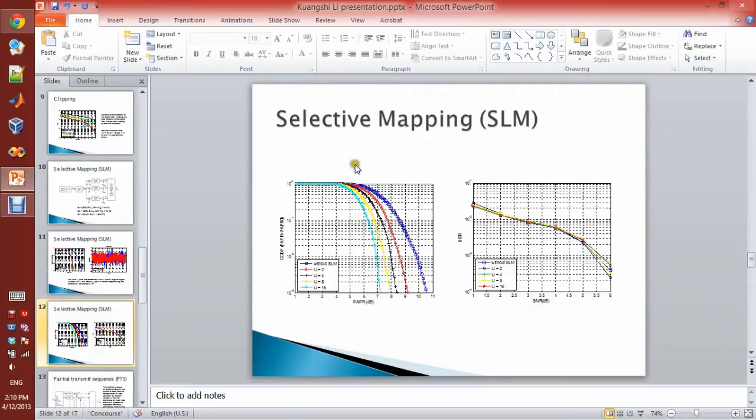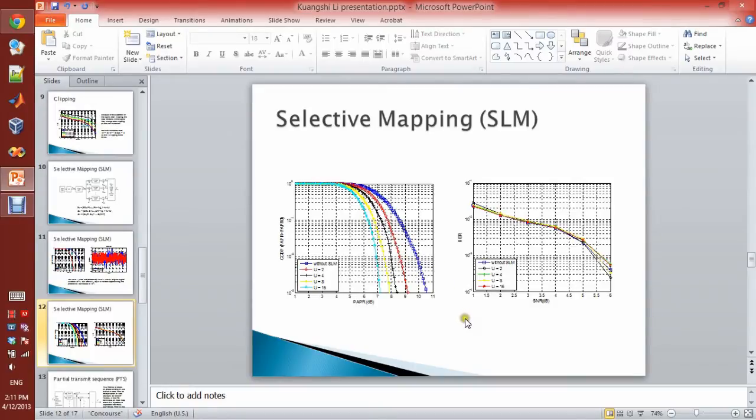And then I do some comparisons with different SLM vectors. I can see that the more vectors I use, the more randomness of the signal I achieve, so the PAPR can be reduced a lot.